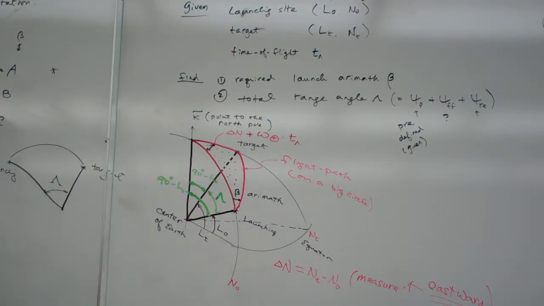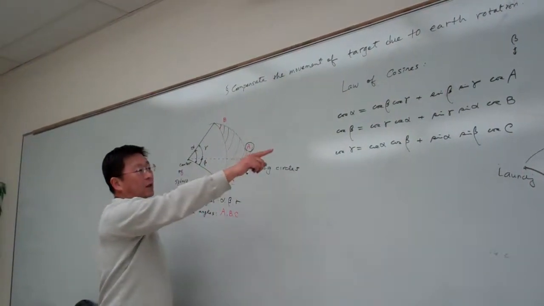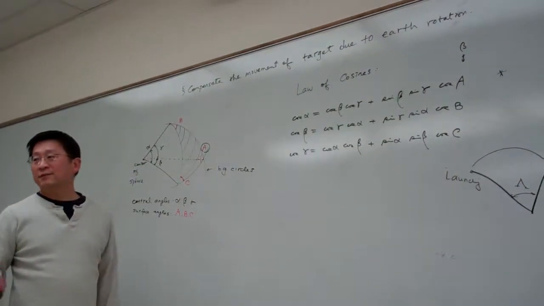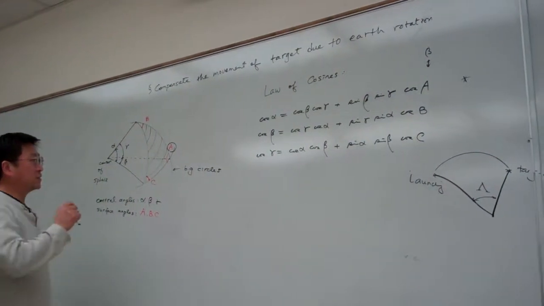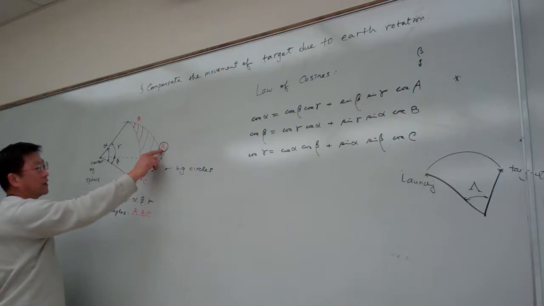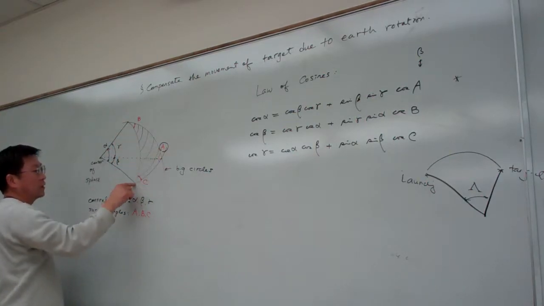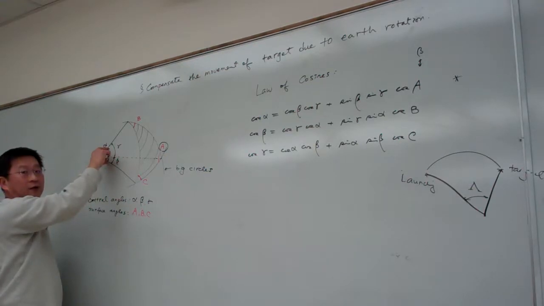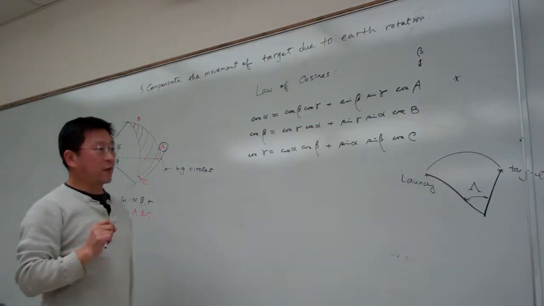Got it? Again, right now we're looking for A, and I'm going to adopt these equations. So corresponding to there, A has a corresponding edge. This edge has the corresponding central angle alpha. So from here we can identify alpha.